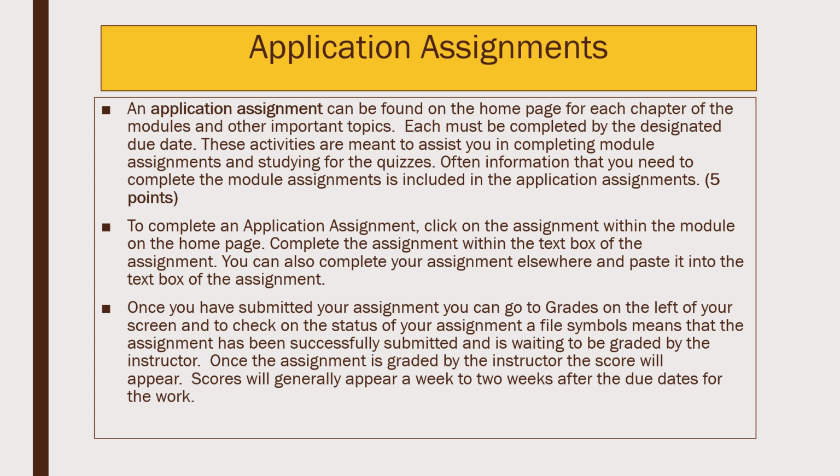Scores will generally appear a week to 2 weeks after the due dates for the work. I'll usually make comments about your work, and so you can check those within the grades section. You can access those within the grades section of Canvas.